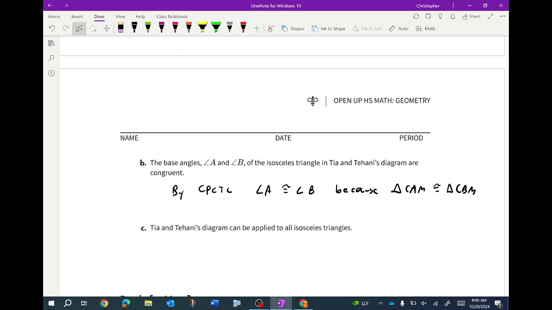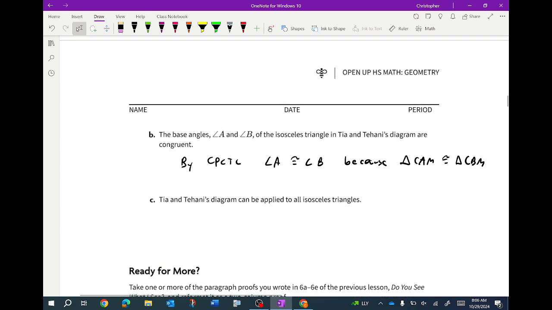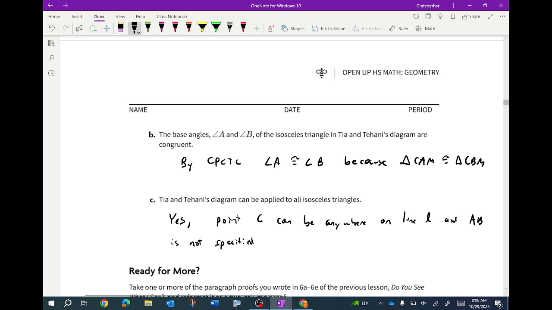And finally, Tyrone and Tahani's diagram can be applied to all isosceles triangles. This is true because, as we said before, point C can be anywhere on line L, and AB is not specified for any length.